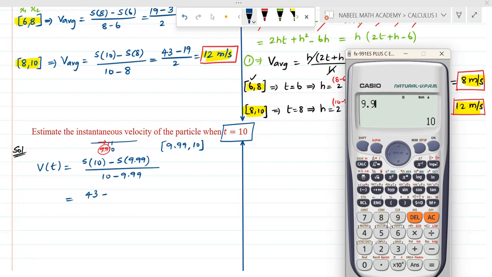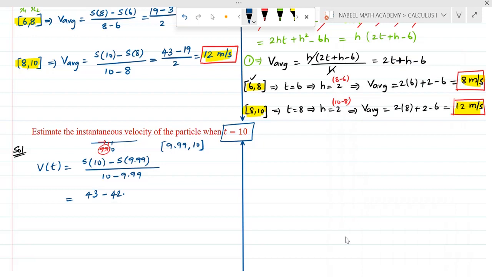You can give 9.9, 9.99, or 9.999. We have to give the limiting value, since the instant velocity is the limit. So you will get 42.8601 over 0.01. If I divide, you will get 13.99, which is approximate. If you increase the zeros, 9.999 or more, you will get a better approximation. It will reach 14. So this is the instant velocity.